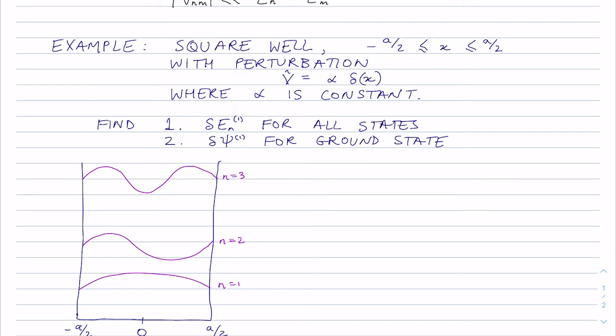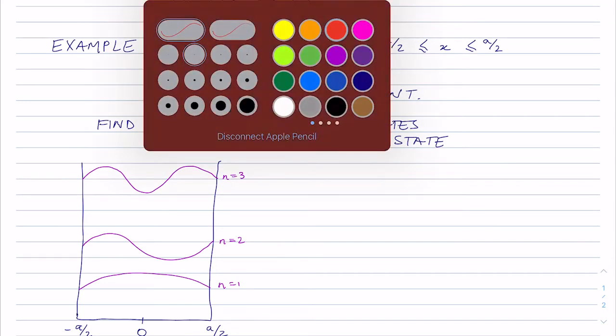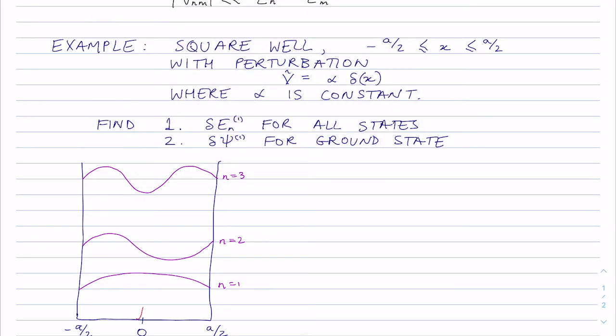And the perturbation now looks like a little blip at 0. So alpha times delta x looks something like this. Of course, it doesn't have any width because it's a delta function, but this is a good way to visualize it. That's the perturbation.